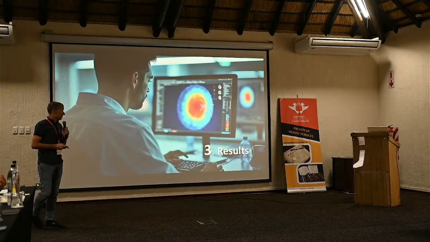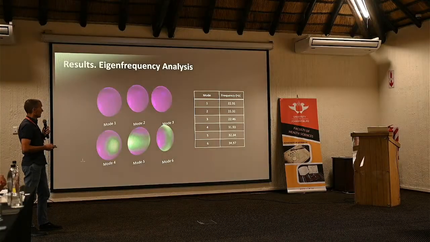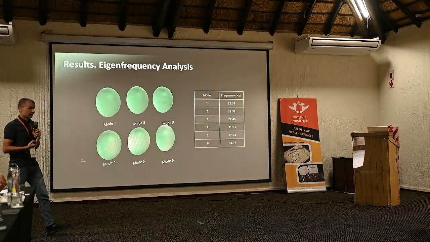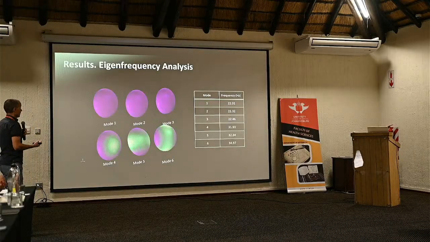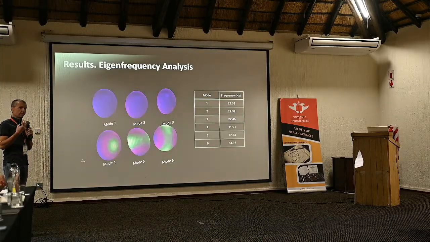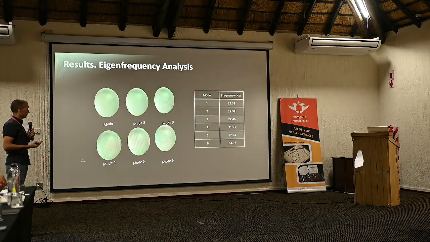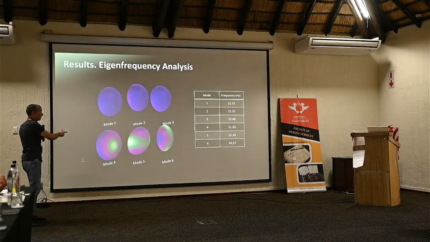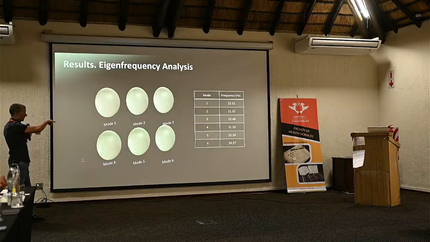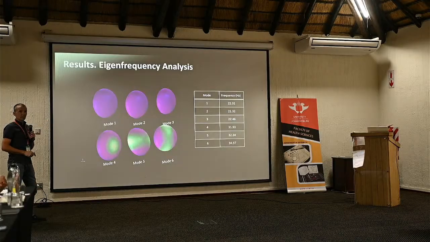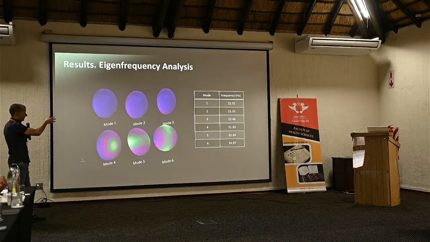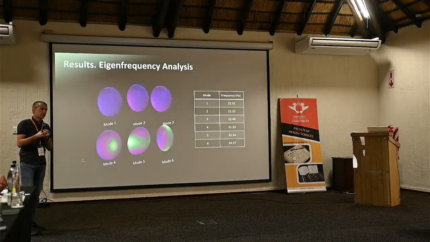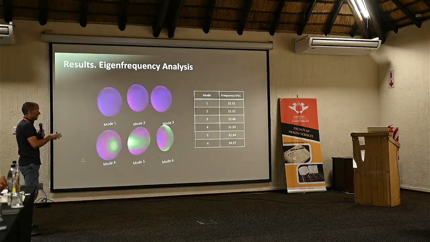So let me show you some results, starting from the frequency analysis of the isolated lens. You can see here the first 6 principal modes of oscillation of the lens, mode 1 to mode 6, and the associated eigenfrequency values. You can observe that more or less they are of the same order of magnitude, but are pretty close.